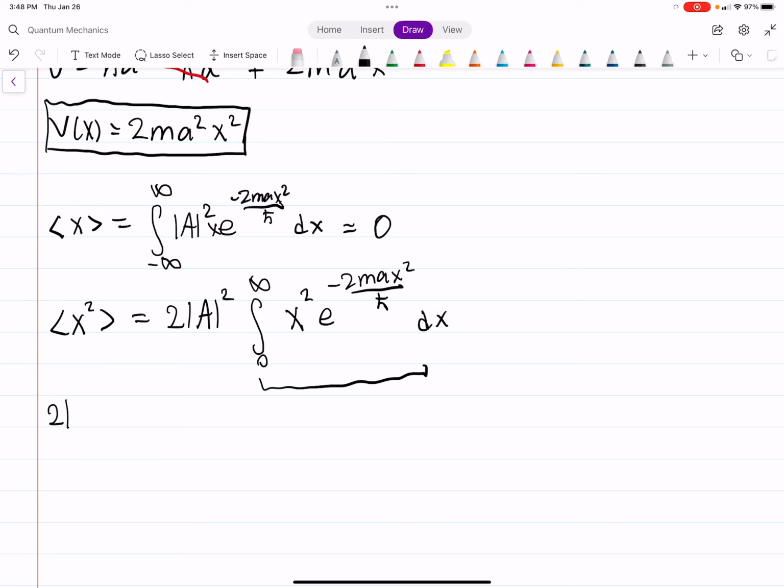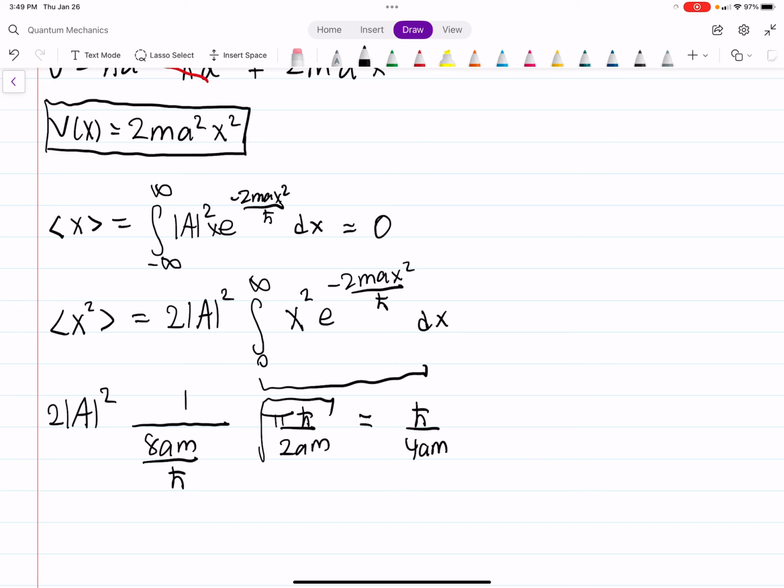What you end up getting is 2a squared times 1 over 4, 1 over 8 am over h bar, pi h bar over 2am. Plugging in for what we know a to be and solving, you get h bar over 4am. Okay.